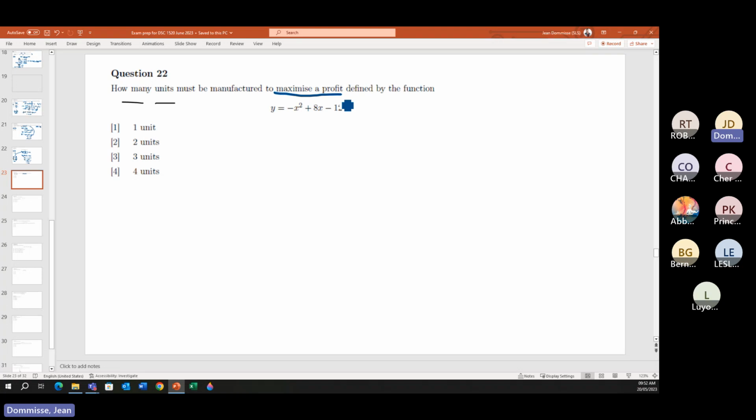What are we working out when we say we want to maximize a profit or when we want to minimize a profit? Marginal revenue equal to marginal cost. Yes, that is what we're doing. Is there a simple way of getting to that?